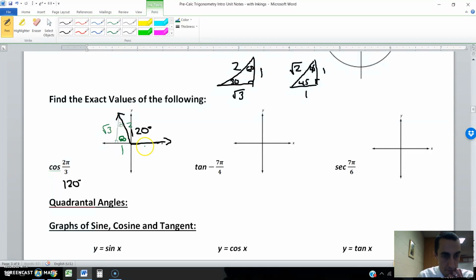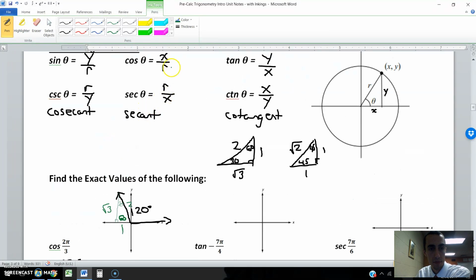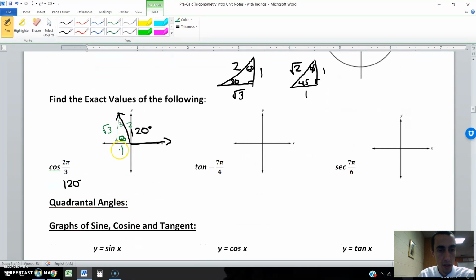So now, we ask ourselves, what is the cosine of 2 pi over 3? Let's remember that cosine is x over r. So the x value for this reference triangle is going to be x over r. Now, for this 1 unit side, notice that we had to go to the left along the x-axis.